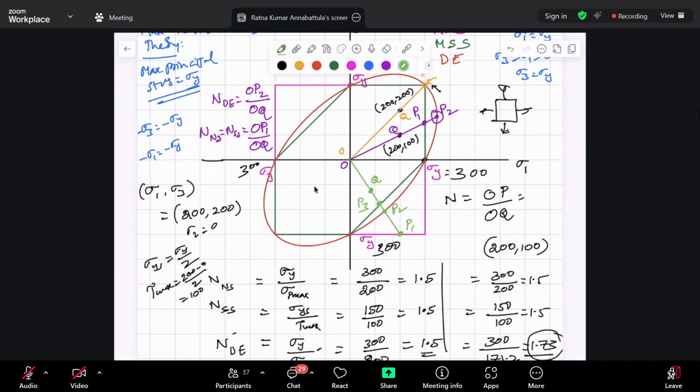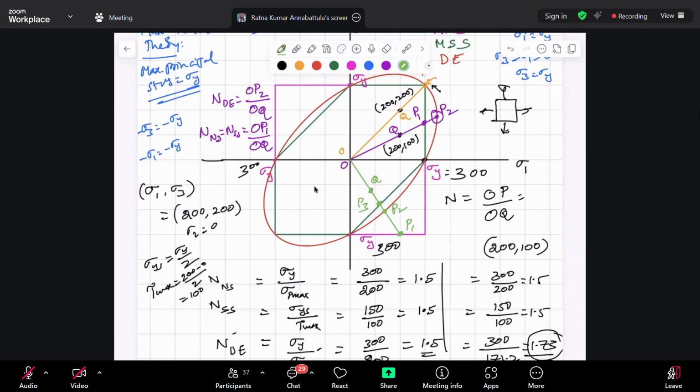And you will see that the maximum normal stress theory does not match with the experimental data. And hence, it is not a good theory to be used for ductile materials. Whereas, shear stress theory and distortion energy theory match with the experimental data reasonably well. And hence, they are better theories to be used.